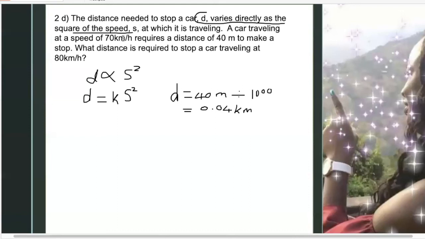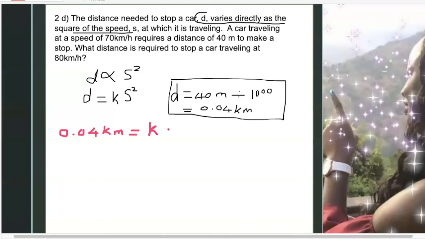Now, here we need to always find k. So to find k, this is what we're going to do. We are going to substitute the information that we have. The distance is 0.04 kilometers. We're trying to find k, the constant, and we're given the speed. So we have a speed of 70 kilometers per hour requires a distance of 40 meters.